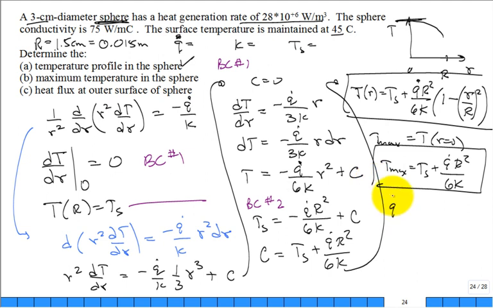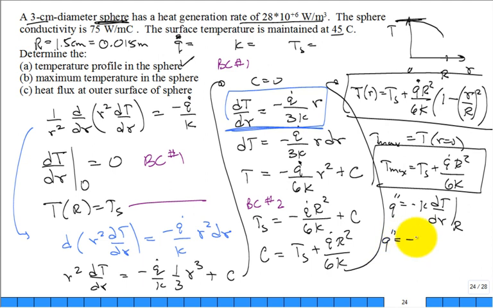Use Fourier's law. q double prime is equal to minus k, derivative of temperature with respect to r evaluated at cap R. We can come back to this one right here and use it such that q double prime is equal to minus k times minus q dot cap R divided by 3k. The minus signs cancel, the k's cancel, and you're left with q double prime at the outer surface, cap R, equal to q dot cap R divided by 3.